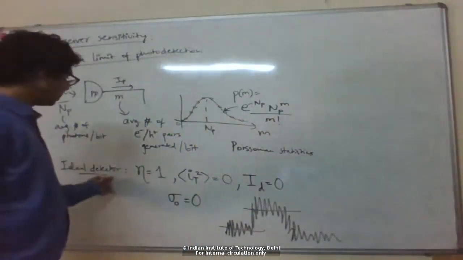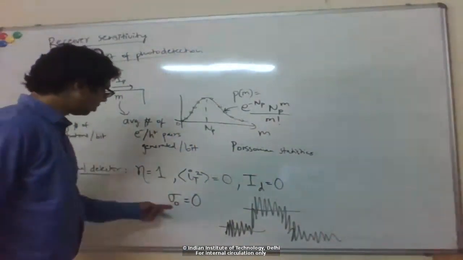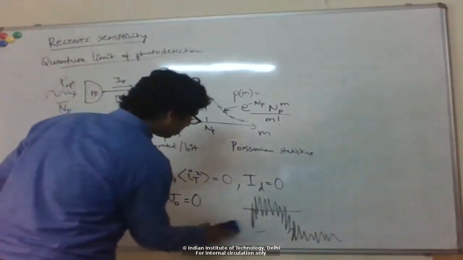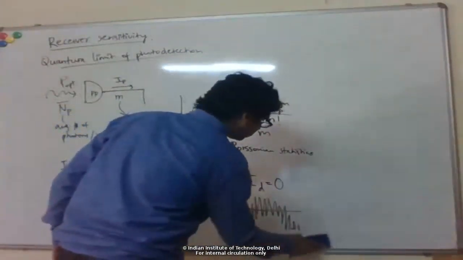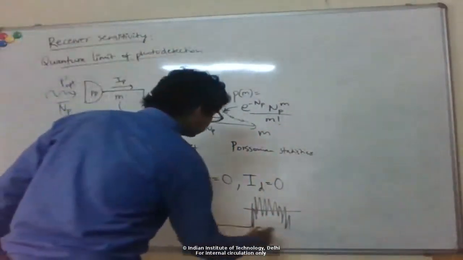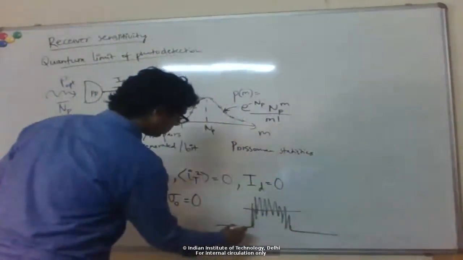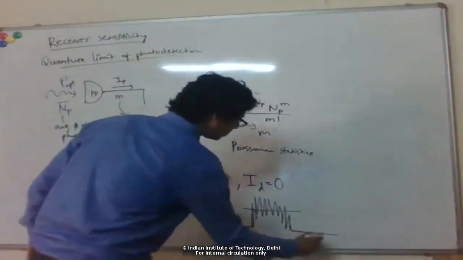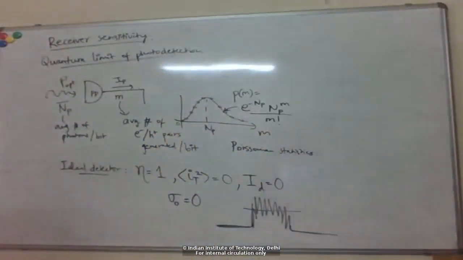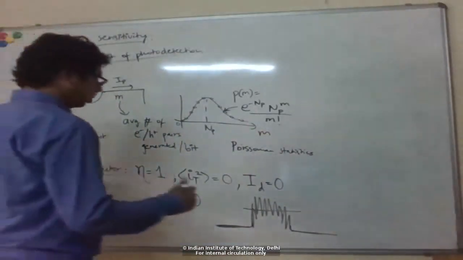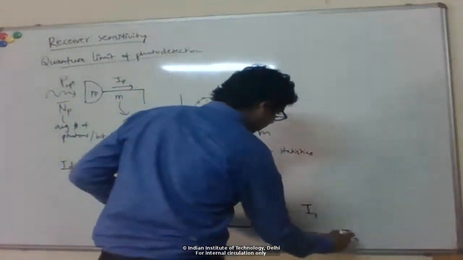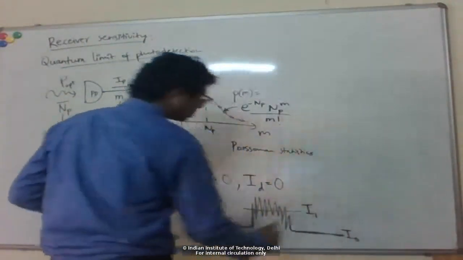But in this ideal detector case, the noise for bit 0 is 0, which means this low level here actually looks clean. So for bit 0, there is no noise. The noise is only there for bit 1. So this is some average current for bit 1, this is some average current for bit 0. The current for bit 0 is 0, and also the noise is 0.